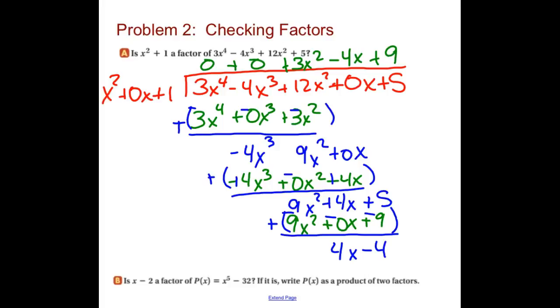So if you end up with something like this, where you do have a remainder that is not 0, even if it is a constant or anything, if it's not 0, then that means that in fact, what you're checking is not a factor.